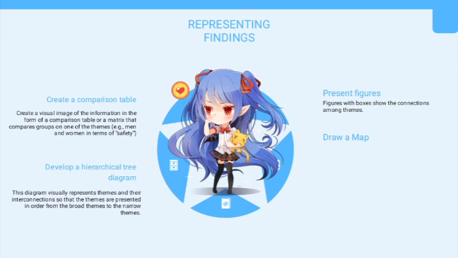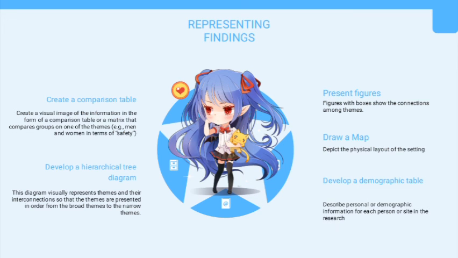So here is drawing a map. It means depicting the physical layout of the setting. So the next is to develop a demographic table. Here is describing personal or demographic information for each person or site in the research.